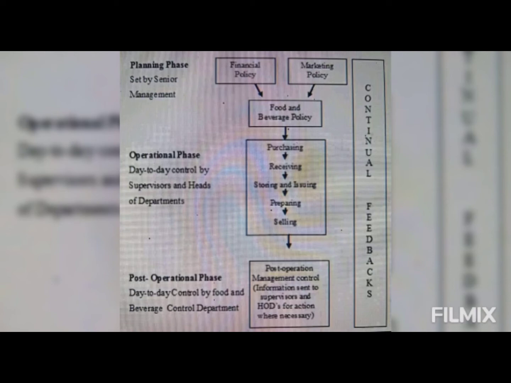Under the food and beverage policy, we have the following. I will read first before I discuss each one later. First, purchasing. Second, receiving, storing and issuing, preparing, and selling.